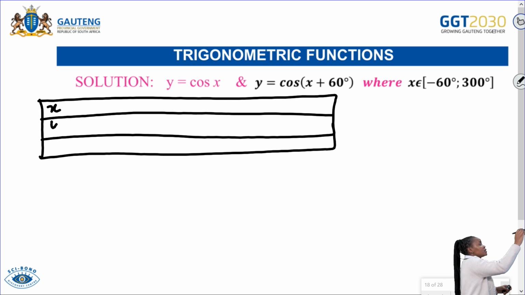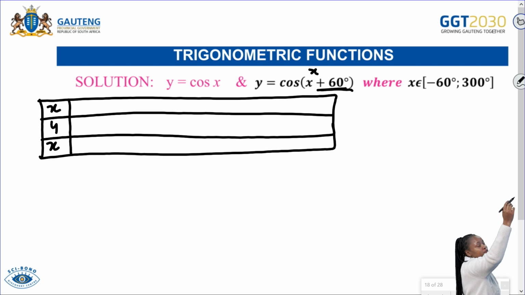Your graph has been shifted horizontally, so now you have plus 60. So the value of x here is x equals negative 60 degrees.